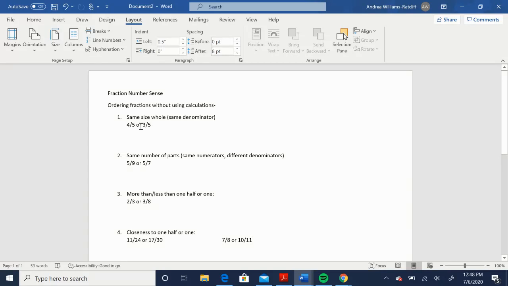Now, we are assuming that every fifth of a whole is equal, so we know that we're working with the same whole. If we have 4 1/5 and 3 1/5, and each 1/5 is the same, of course 4/5 is going to be the larger amount here because we have more of the same size parts.